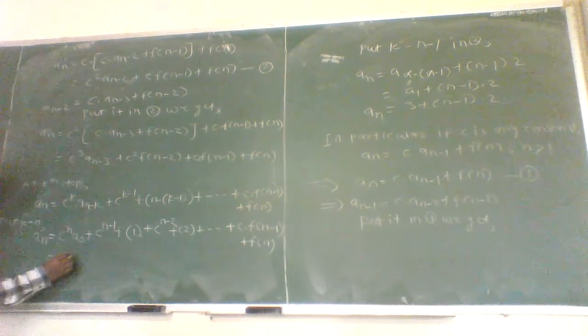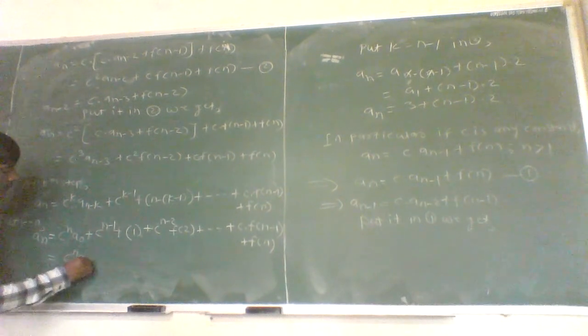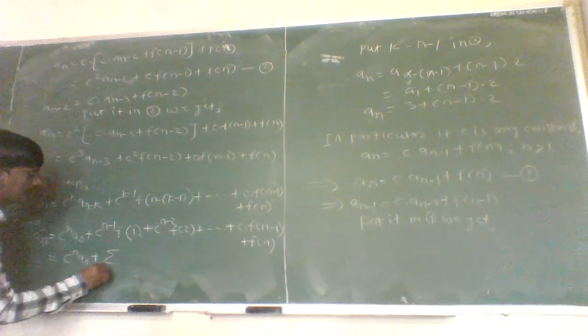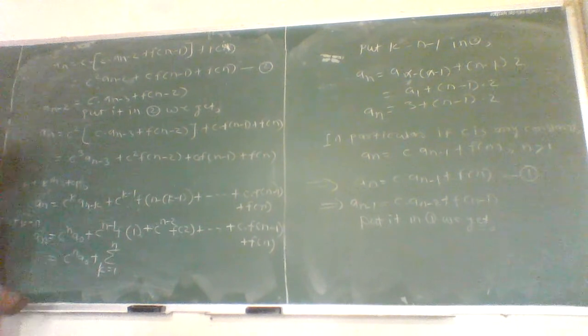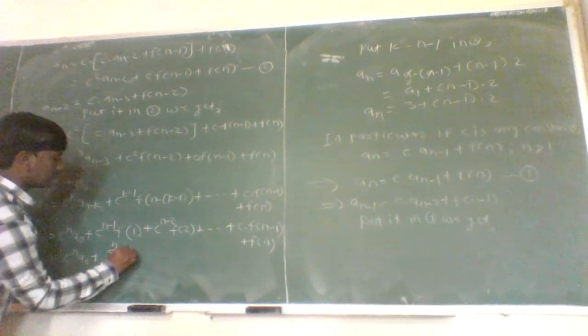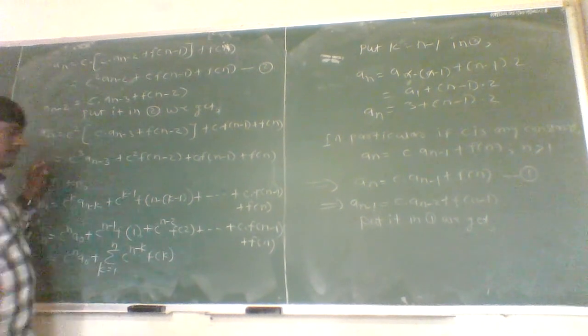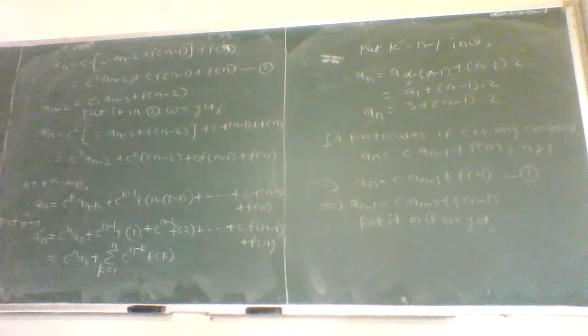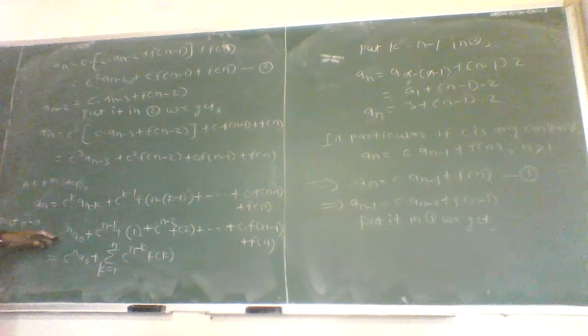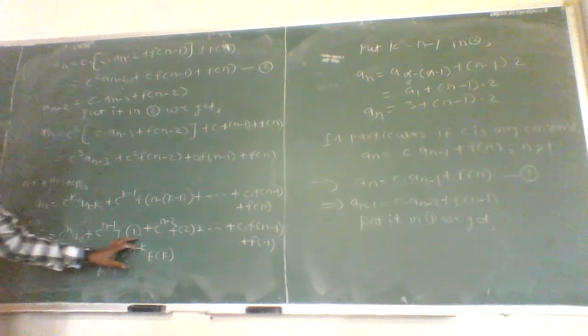So this can be written as c^n a_0 + summation k running from 1 to n of c^{n-k} f(k). This is the explicit formula for the recurrence relation in terms of n.